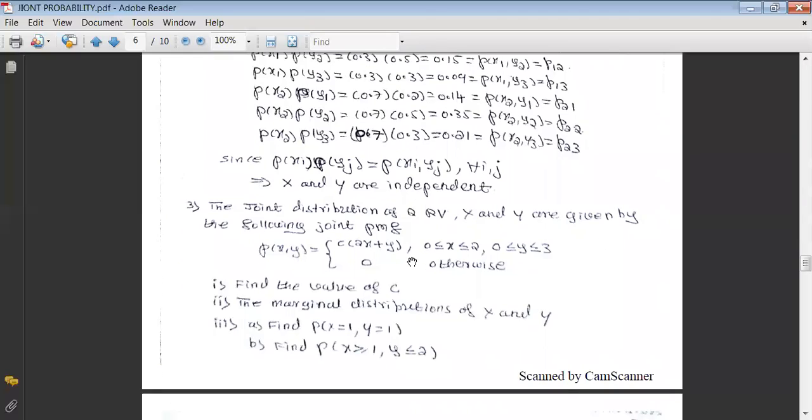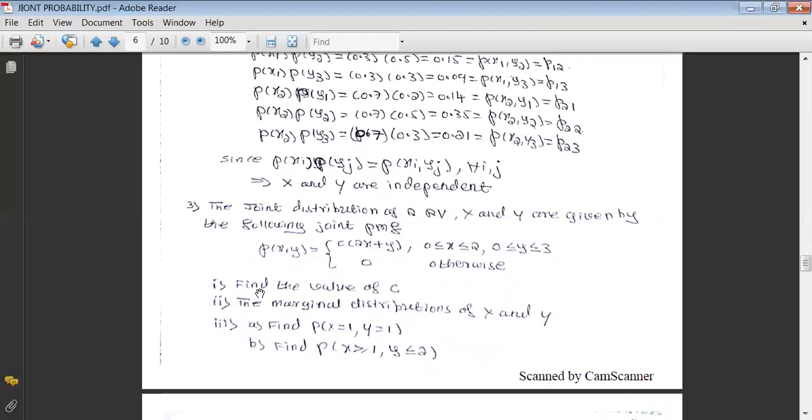Now we are given one more example like this. The joint distribution of two random variables x and y is given by the following joint probability mass function: p of xy equals c into 2x plus y, where x takes the values between 0 and 2 both inclusive, and y takes the values between 0 and 3 both inclusive, and it equals 0 otherwise.